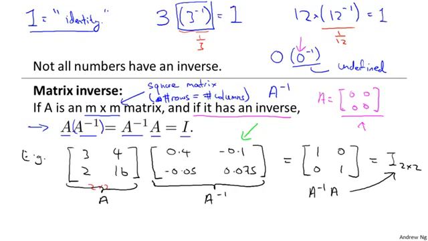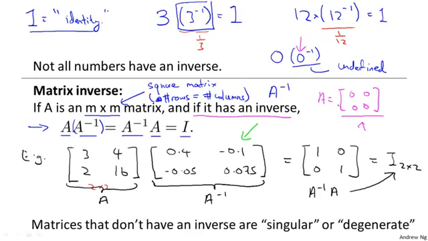And to wrap up the terminology, matrices that don't have an inverse are sometimes called a singular matrix or degenerate matrix. And so, this matrix over here is an example. The 0, 0, 0 matrix is an example of a matrix that's singular or degenerate.